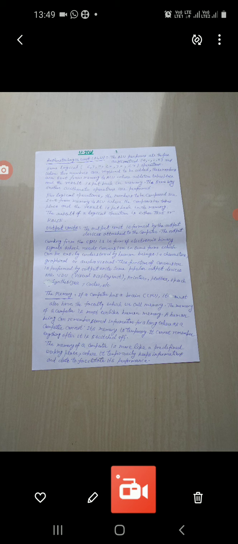The memory of a computer is most unlike human memory. A human being can remember stored information in the mind for a long time, whereas a computer cannot remember stored information for a long time.